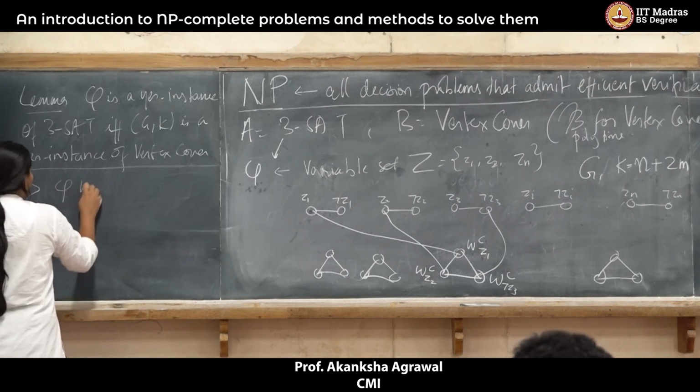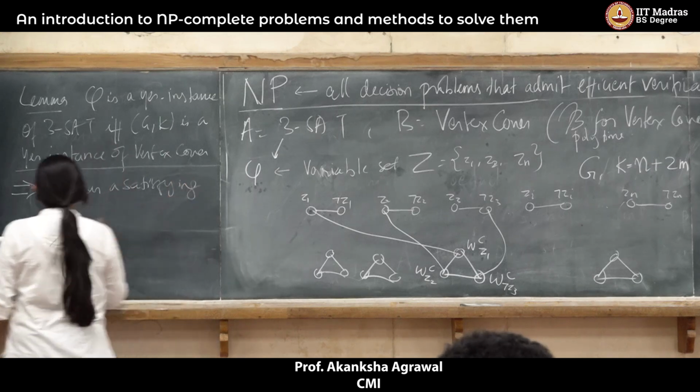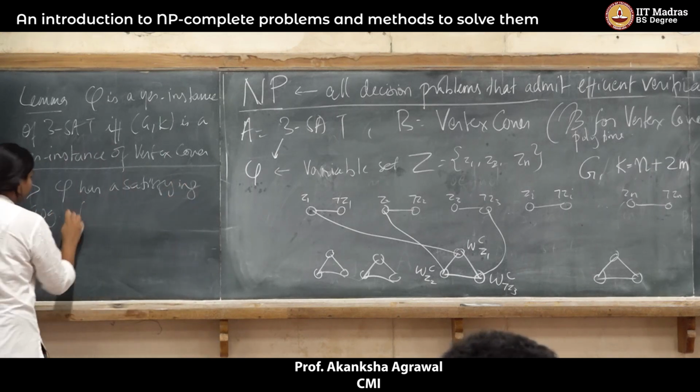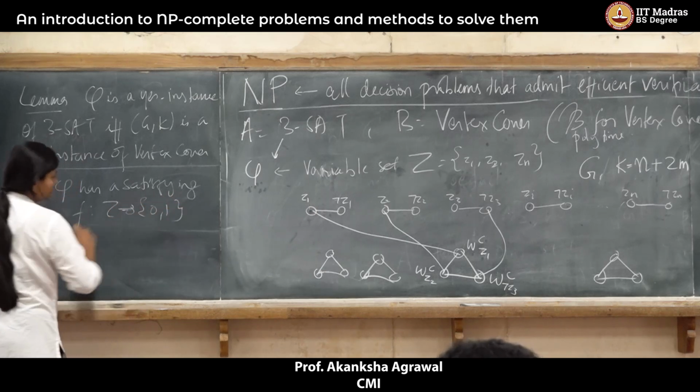Say phi has a satisfying assignment f from Z to 0, 1.